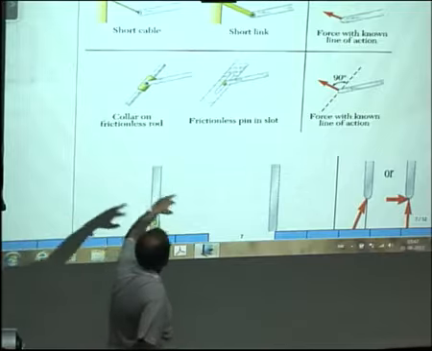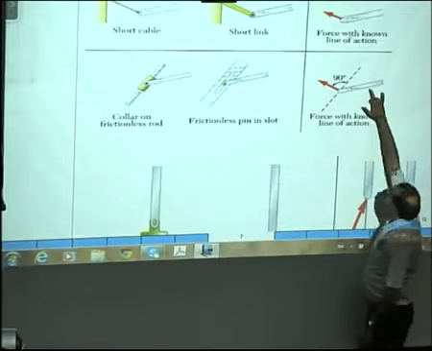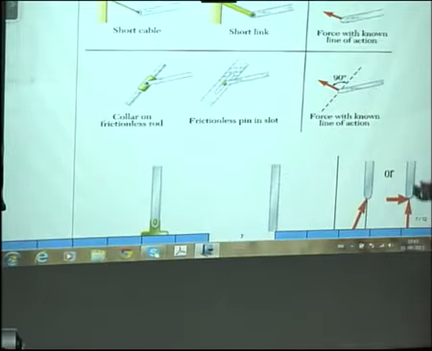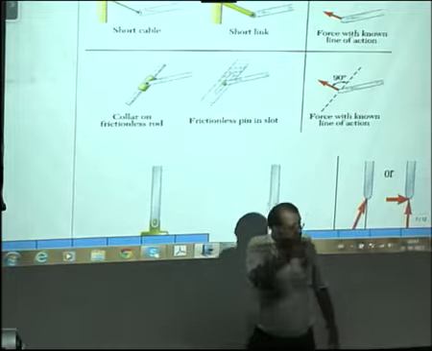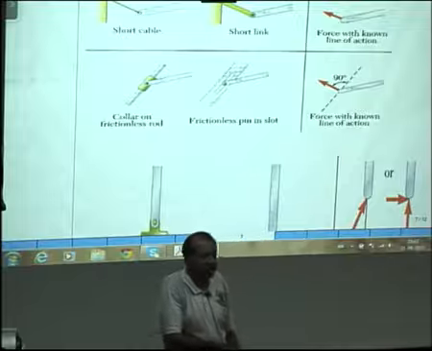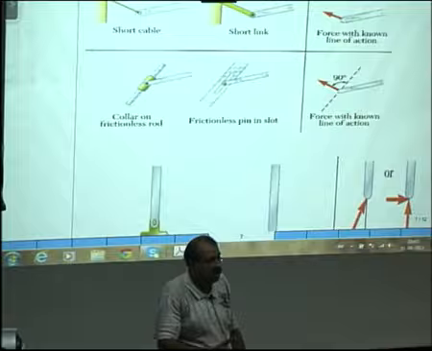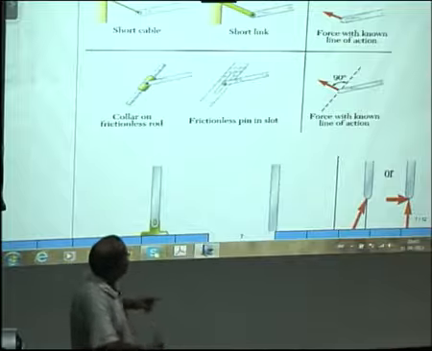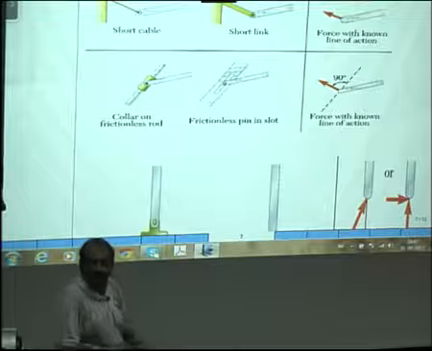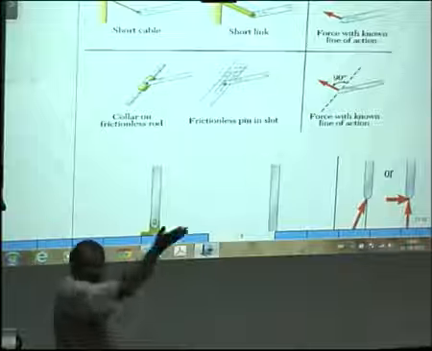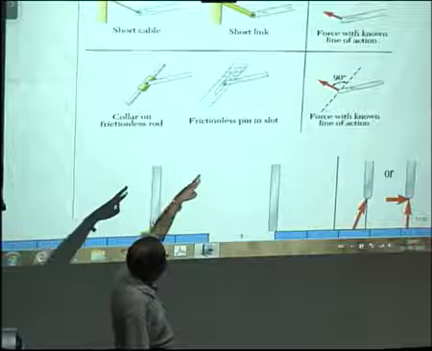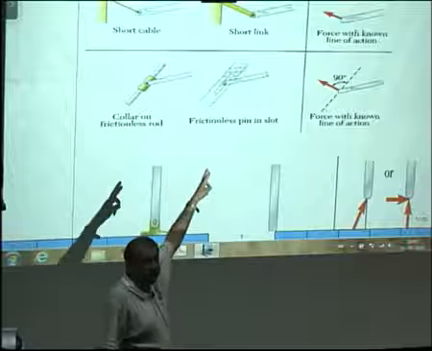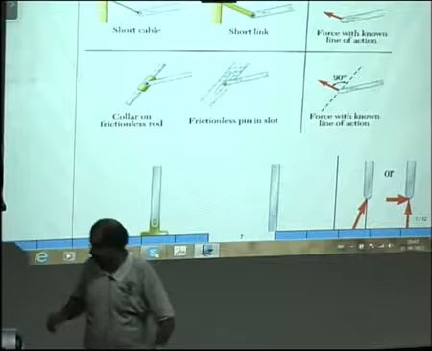In this case, when I draw the free body diagram of this link, if there is a movement along this direction, there is no resistance to this because of the pin. That means the only force which is coming will be a force in the perpendicular direction. There will be no force along the direction where it can move freely. So when we draw the free body diagram, we will only show a single force in that direction.